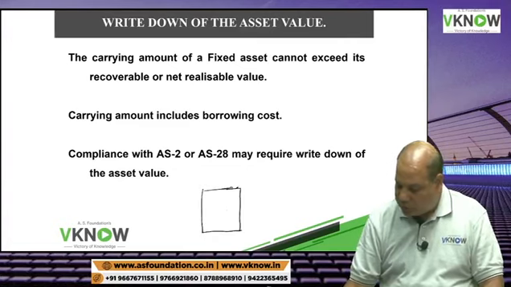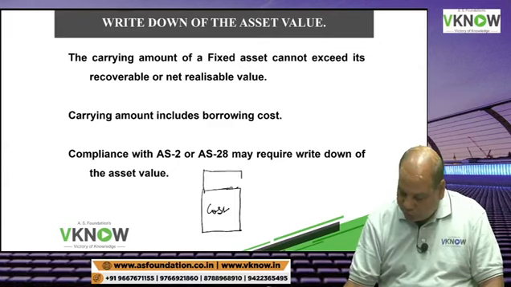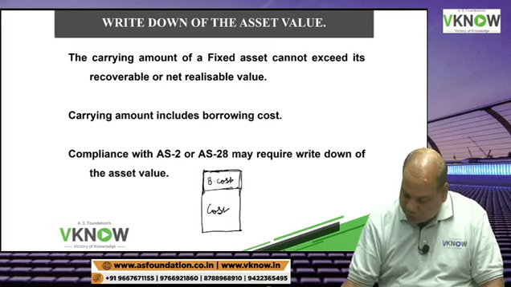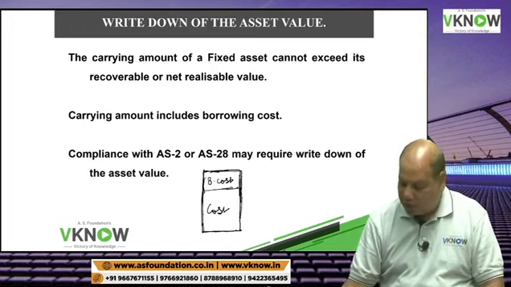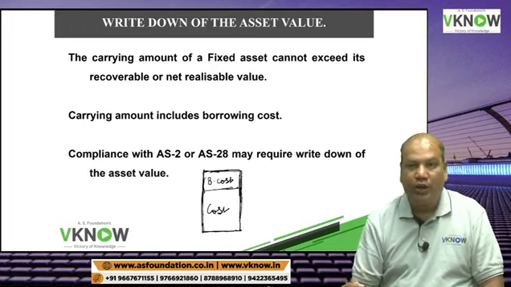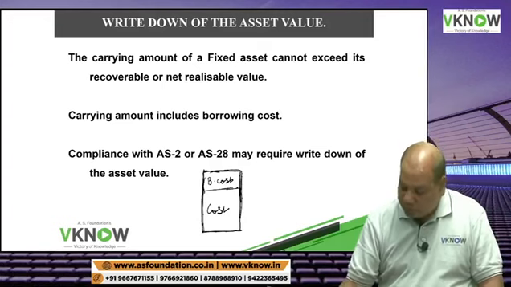This is the cost of the asset. You have capitalized borrowing cost. So after capitalization of borrowing cost, the cost of the asset goes up. But at the same time, the standard says it should not exceed the recoverable amount.